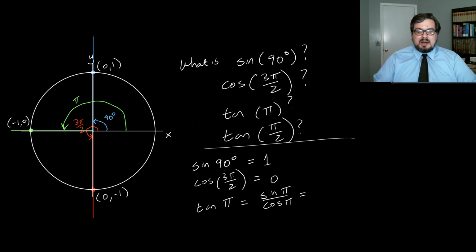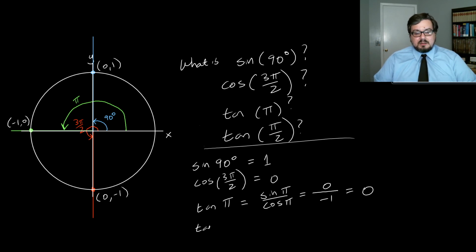So tangent of pi is sine of pi over cosine of pi. Sine of pi is the y coordinate of this green point, which is 0, and cosine of pi is the x coordinate of that point, which is -1. 0 over -1 is 0, and so we have that tangent of pi is equal to 0.